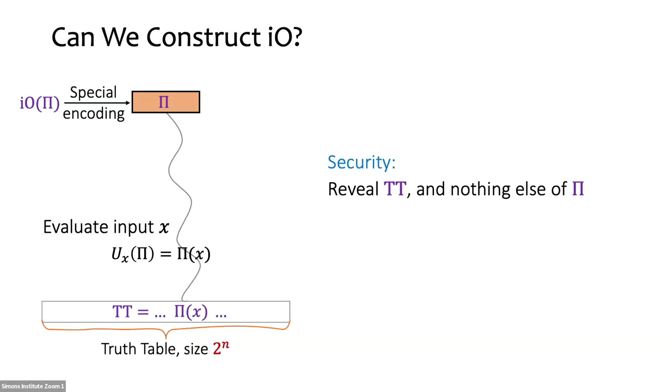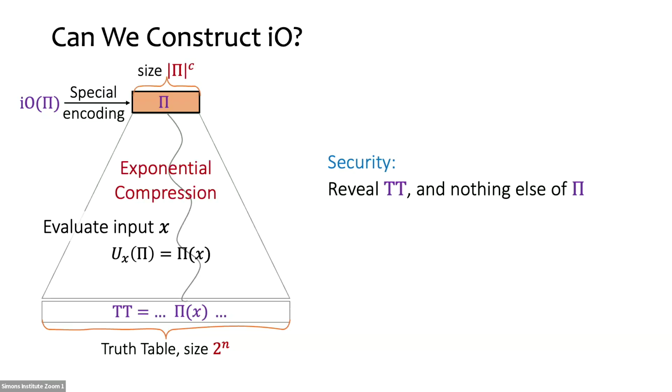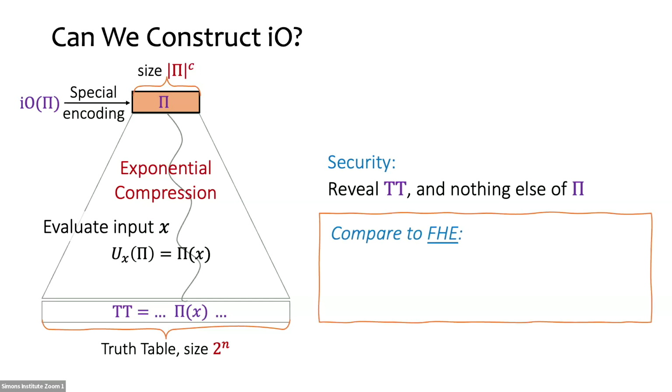This can be viewed as evaluating the universal computation U, with the input x hardcoded inside, on the secret program as the actual input. And security is that this special encoding should reveal the truth table and nothing else. Hence, it is kind of like an exponential compression of the truth table itself, without revealing anything more.